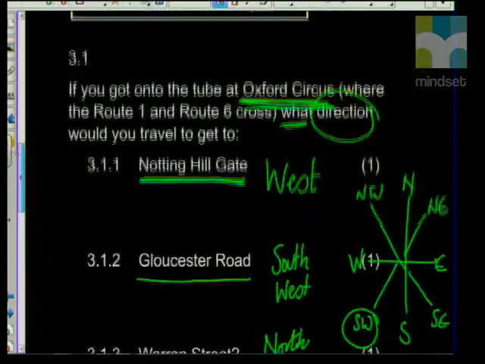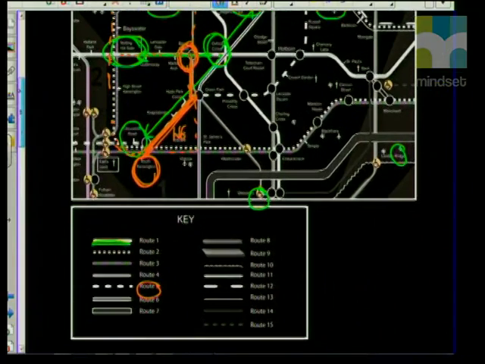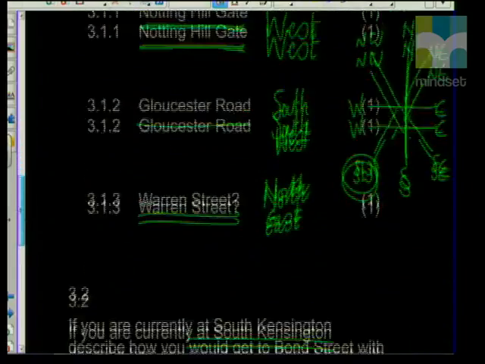I haven't got to where I want to go yet because I need to actually get to Bond Street up the top here. So I'm now going to change to this grey line, which is Route 8. I'm going to change at Green Park, and then I will go in a northerly direction to Bond Street on Route 8.